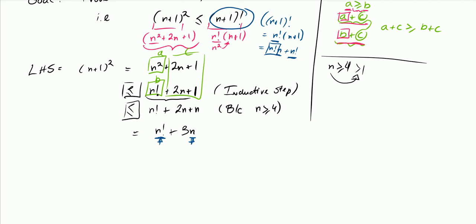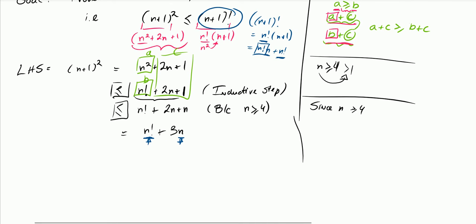Well, what I can say is this. Since n is greater than or equal to 4, that means that n factorial is at least going to be 24. So n factorial is greater than or equal to 24 because that's 4 factorial, and that's clearly greater than 3.